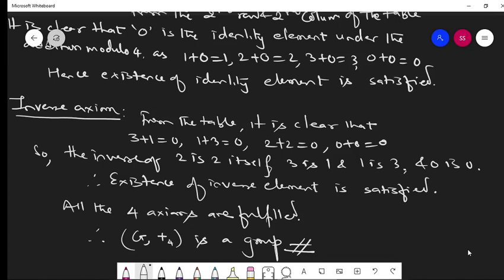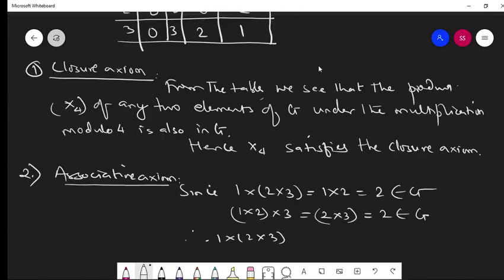Since (1 times 2) times 3 equals 2 times 3, which is 6, and 6 is 2, belongs to G. And 1 times (2 times 3) equals 1 times 6, which is 2, belongs to G. Therefore (1 times 2) times 3 under multiplication modulo 4 equals 1 times (2 times 3).